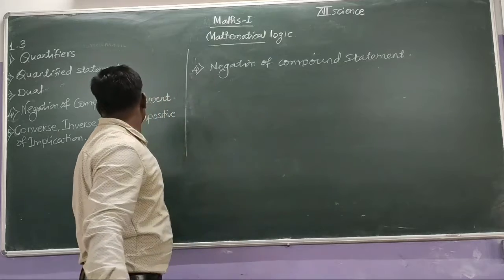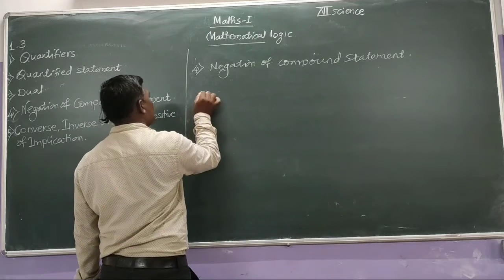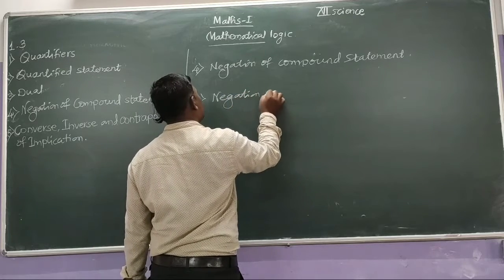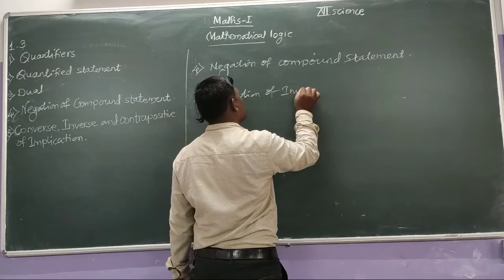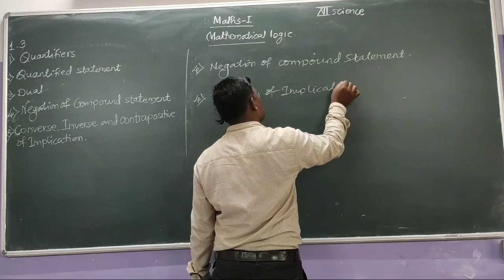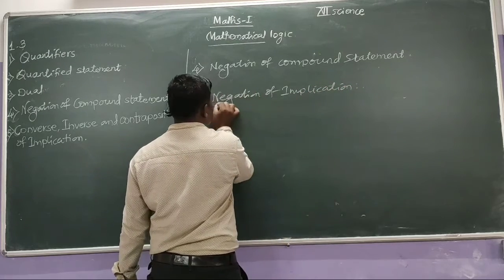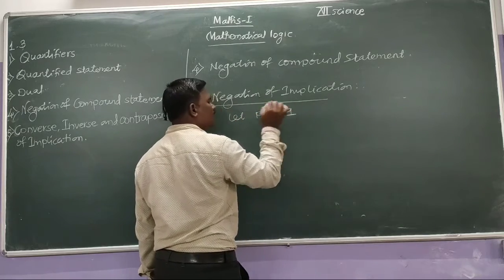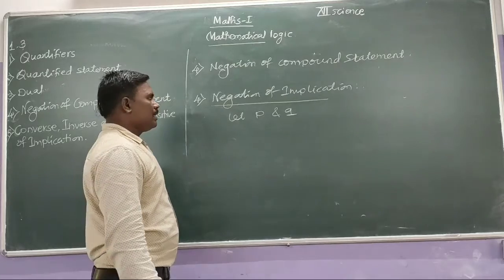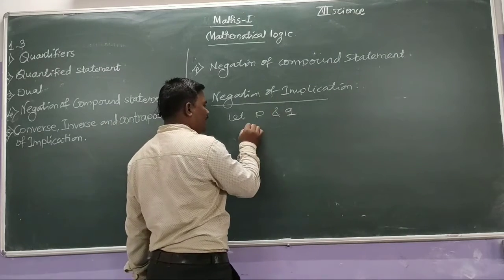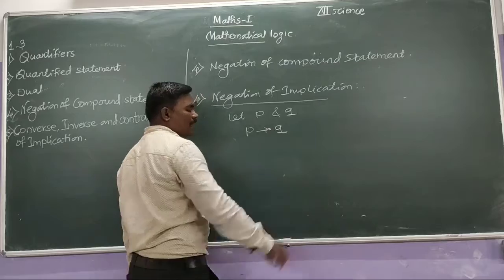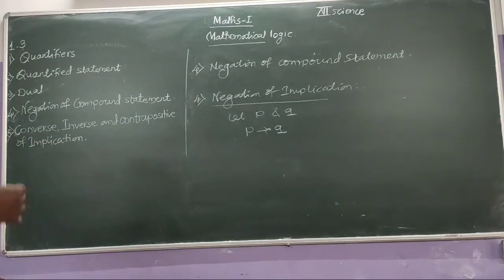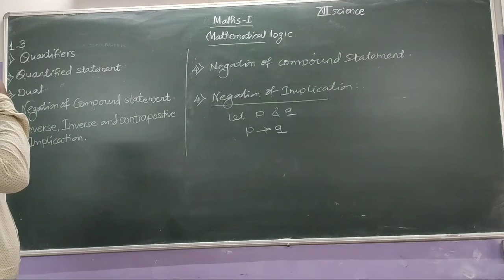Fourth one, that is the negation of implication. Let P and Q be two simple statements. Its symbolic form in implication is P implies Q. Therefore take its negation.